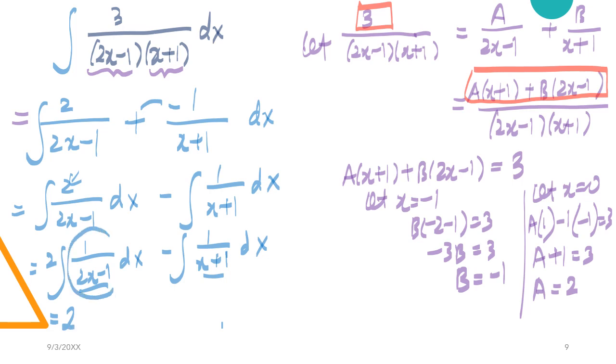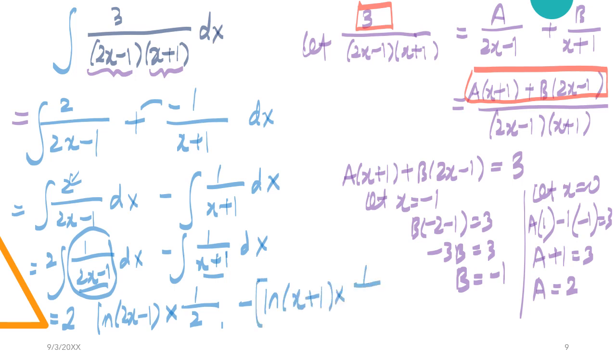So to integrate this, you will have ln bracket 2x minus 1, right? Then times 1 over the differentiation of your 2x minus 1. You differentiate 2x minus 1, what do you get? You get 2. So for this will be just ln bracket x plus 1 times 1 over differentiate x plus 1 to get 1.